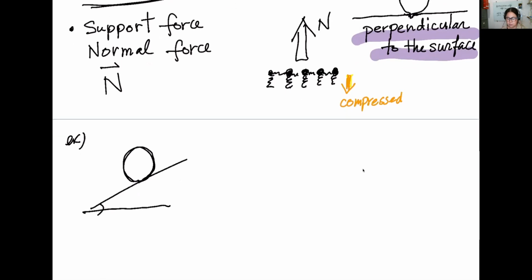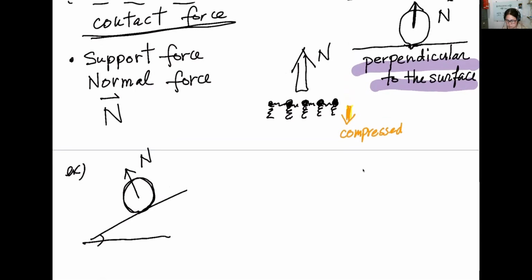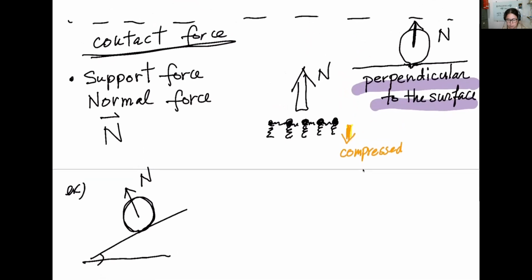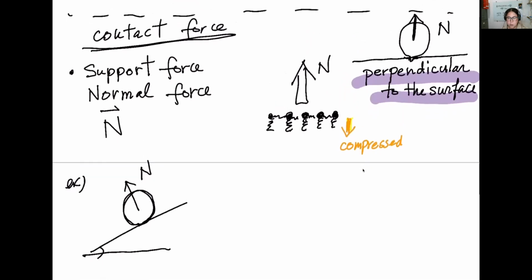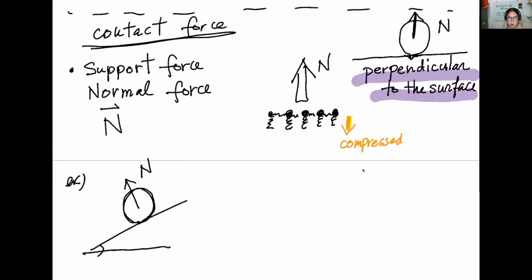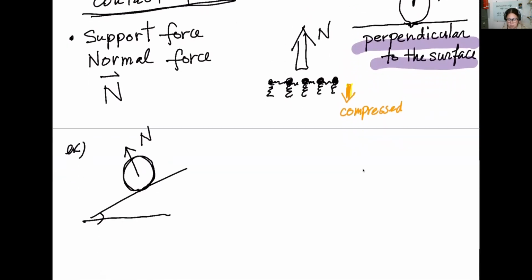Okay, I'm going to tell you the answer. It's going to be perpendicular to the surface, so it's going to be something like this. That's the direction of the normal force. So that's the support force, the normal force. It is always perpendicular to the surface, and it's in the category of contact force.